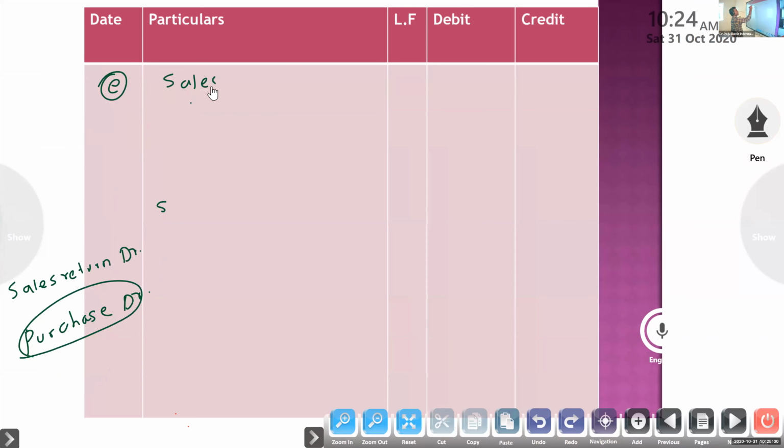So sales return account debited to purchase is wrong. So to rectify, we have to credit purchase. No double effect, same amount, 2,000.